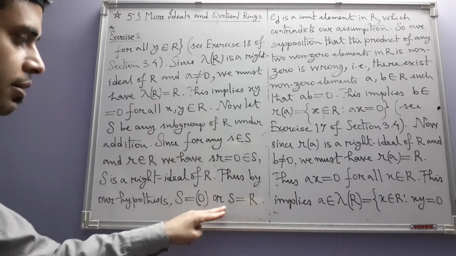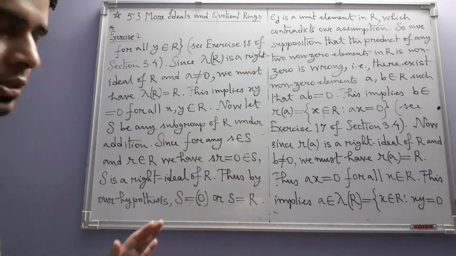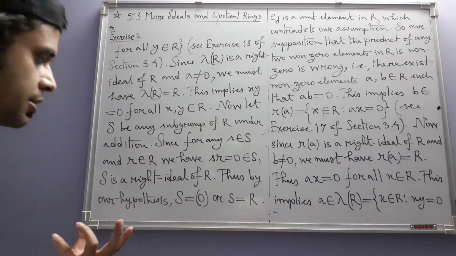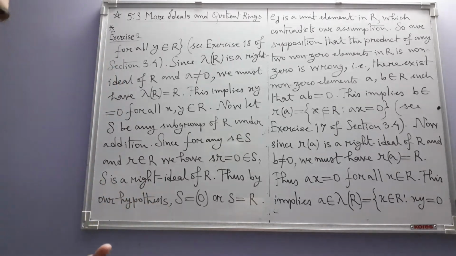And here we can invoke one of the results from the exercises from group theory, which says that if a group has no non-trivial subgroup, then it must be finite with a prime number of elements.